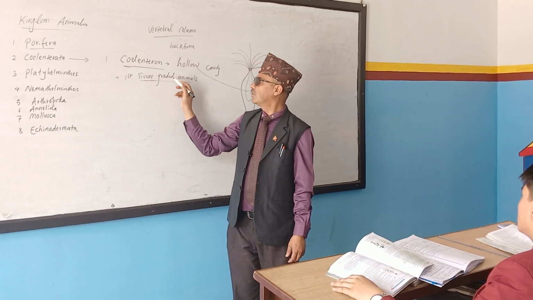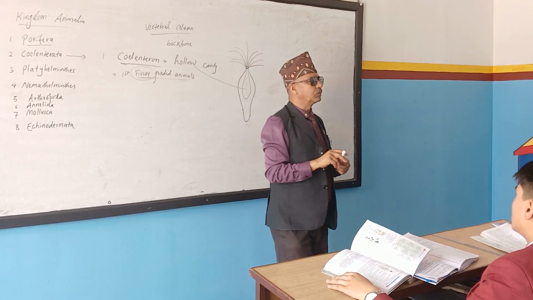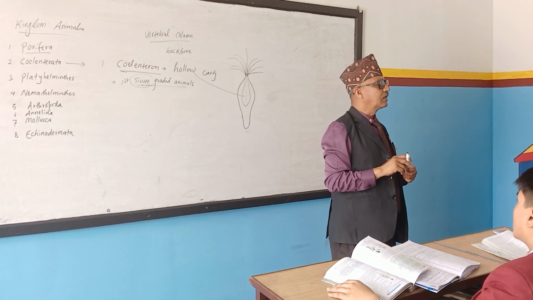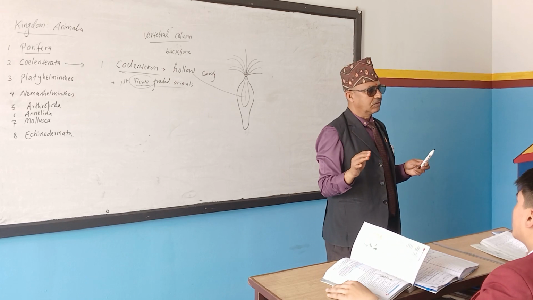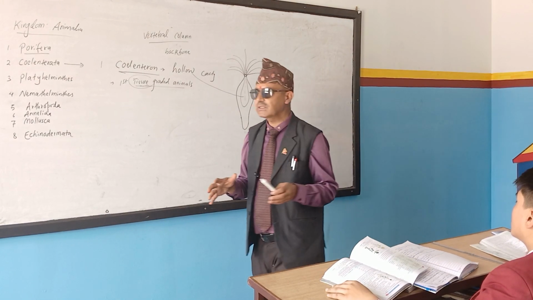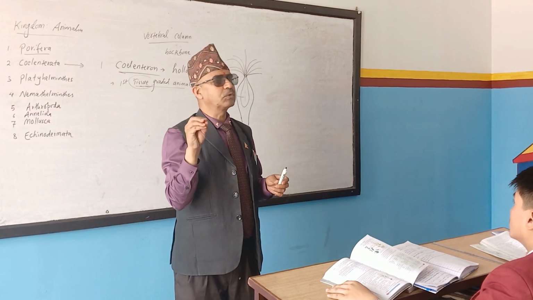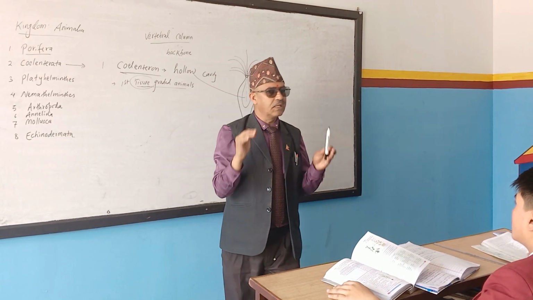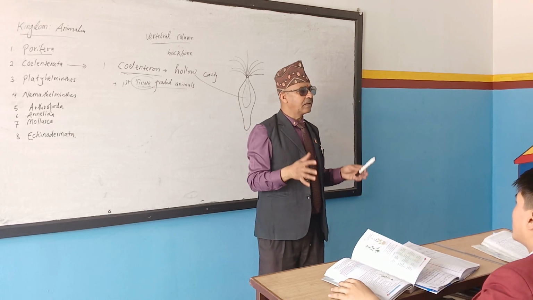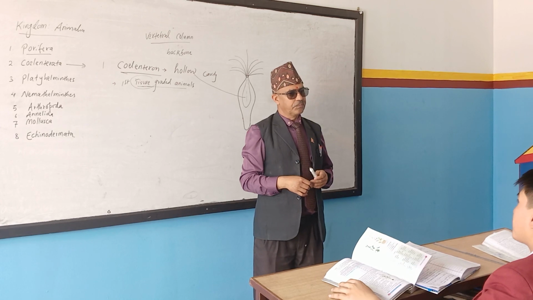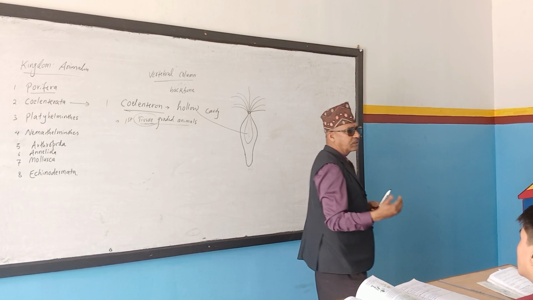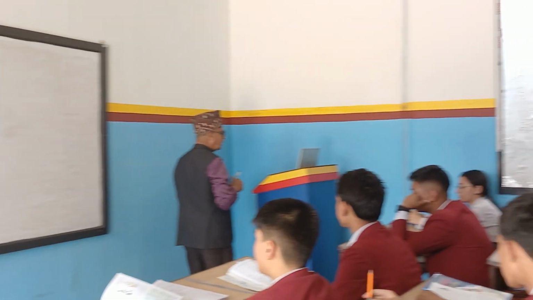So, do you know the meaning of tissue? How do you define tissue? Group of cells which carry out special functions. Can you give the example of some tissues? Epithelial tissue, muscular tissue, nervous tissue, glandular tissue. Yes, sir. Xylem, phloem, they are also tissues. Meristematic also tissues.